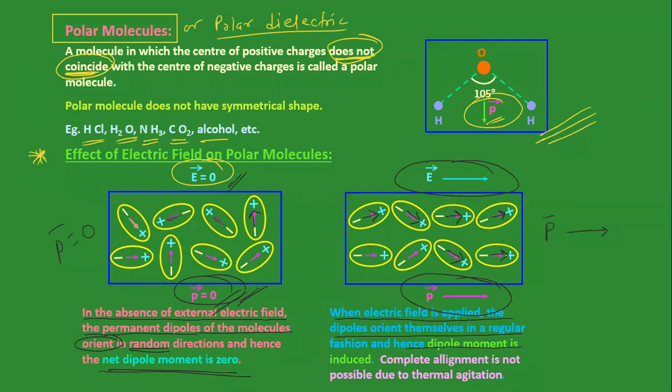Hence dipole moment is induced. Pay attention: when electric field is zero, dipole moment is zero. When we apply some electric field, there is a resultant dipole moment, because the polar molecules orient their dipoles in the direction of electric field. This is the polar molecule. In a similar manner we have to learn the non-polar molecule.